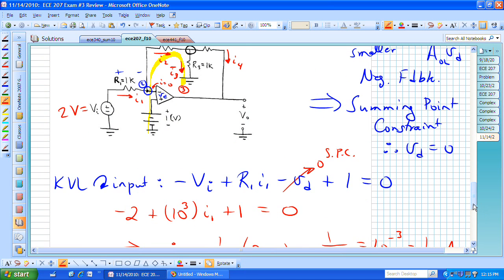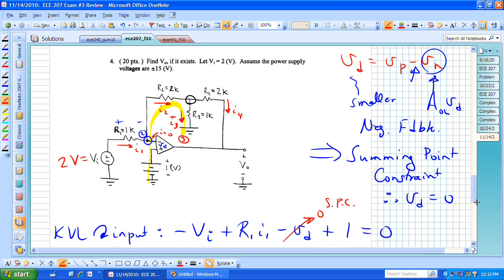We then are going to go in the direction of I sub 2 through r sub 2 and in the direction of I sub 3 bar through r sub 3 before we reach where we started, and that's then our KVL equation.